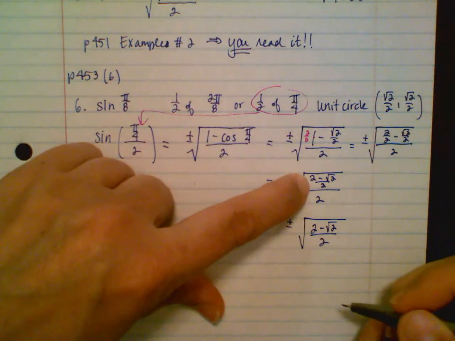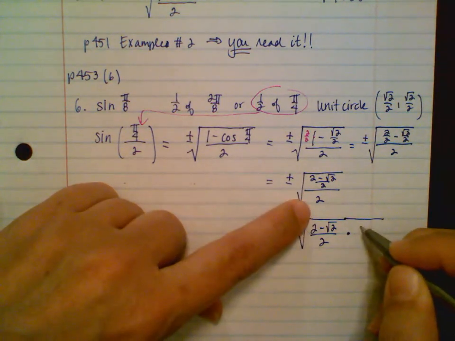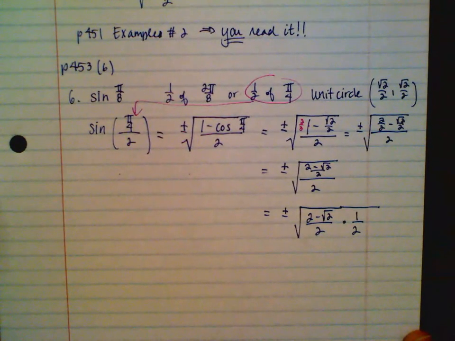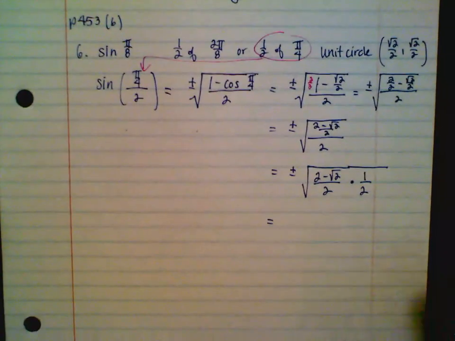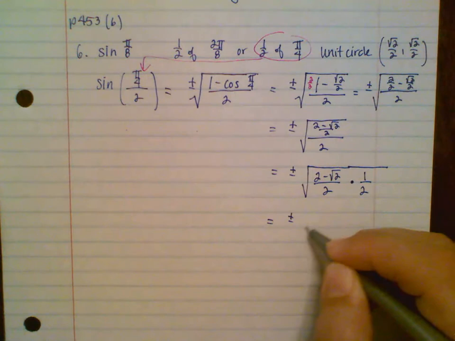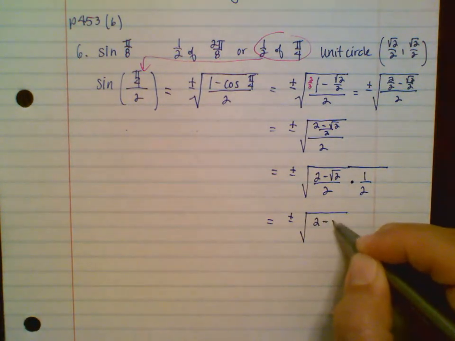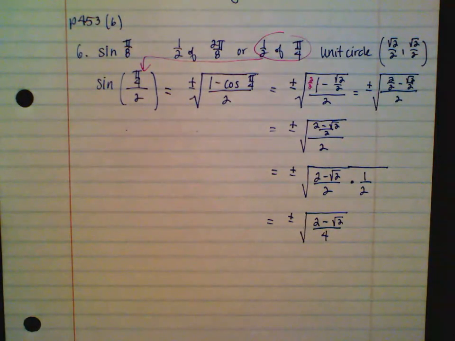So here's my first fraction. I'm going to put that here. Dividing by 2 means we multiply by that. So here we would get positive or negative square root of 2 minus the square root of 2, divided by 2 times 2, which is 4.